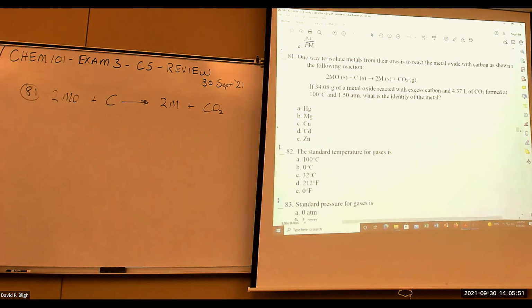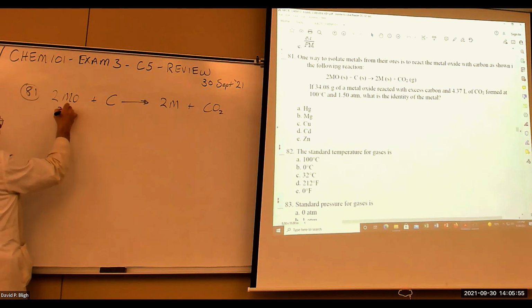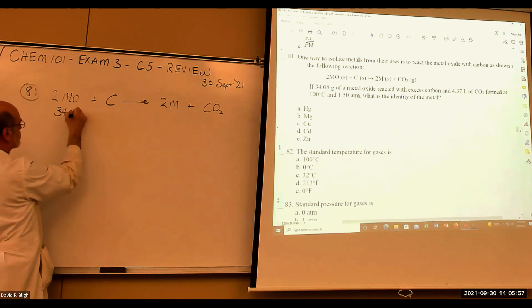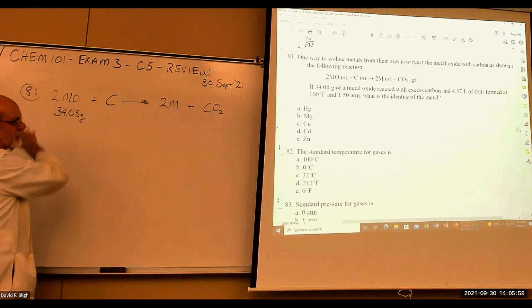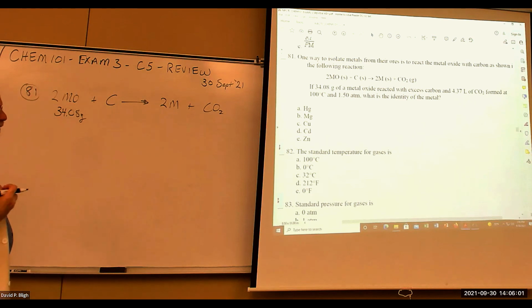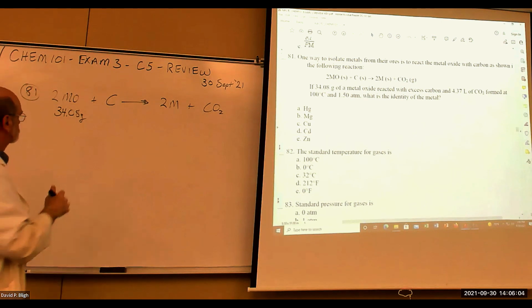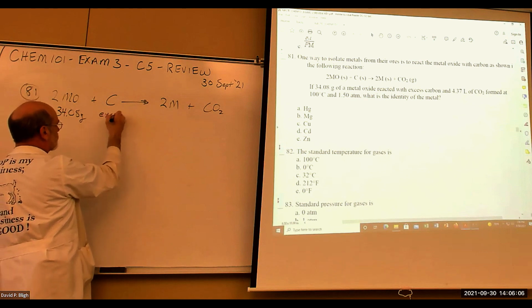Okay, if 34.8 grams of metal oxide react with excess carbon. Okay. There's no limit on the carbon.